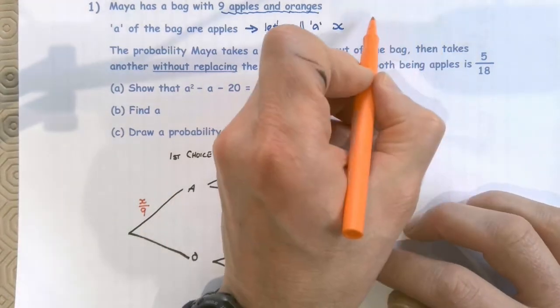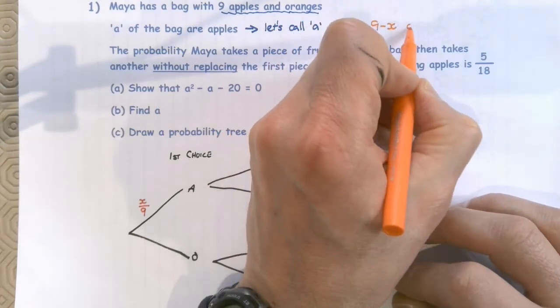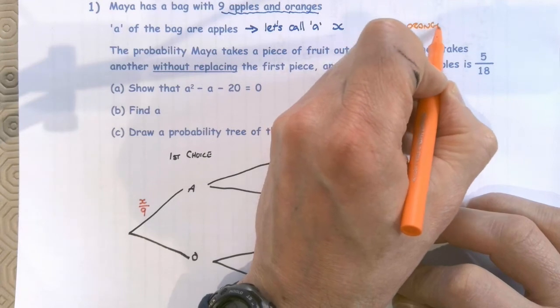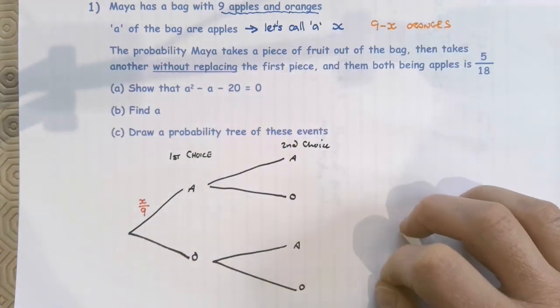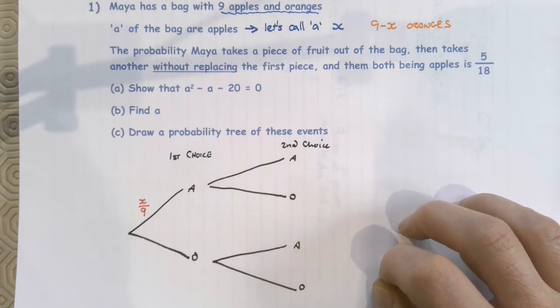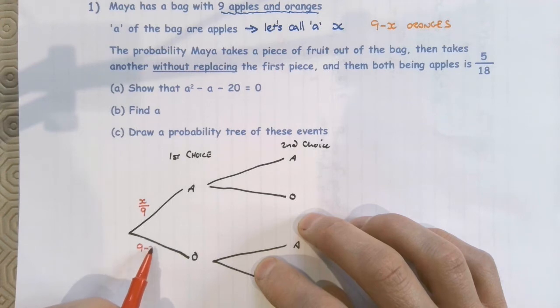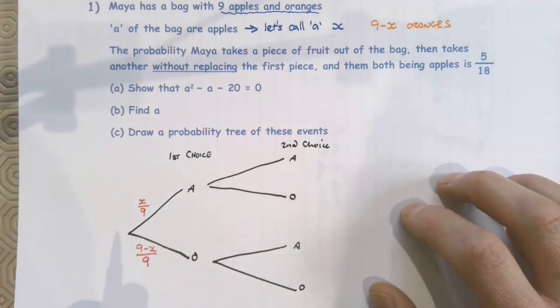There must be 9 take away the amount of apples worth of oranges, right? And there's 9 bits of fruit to choose from. Okay, so there's the first bit done.